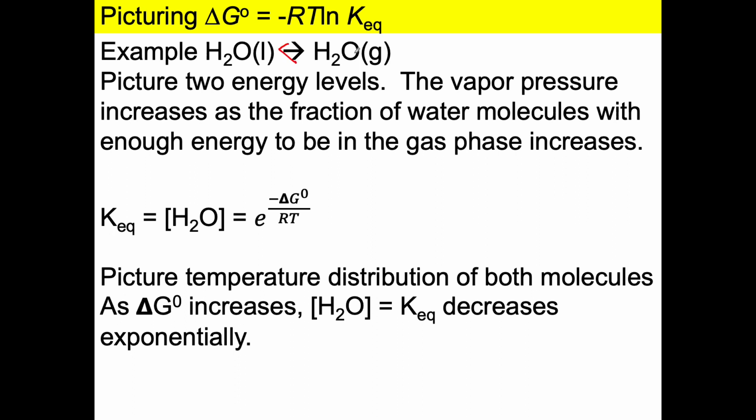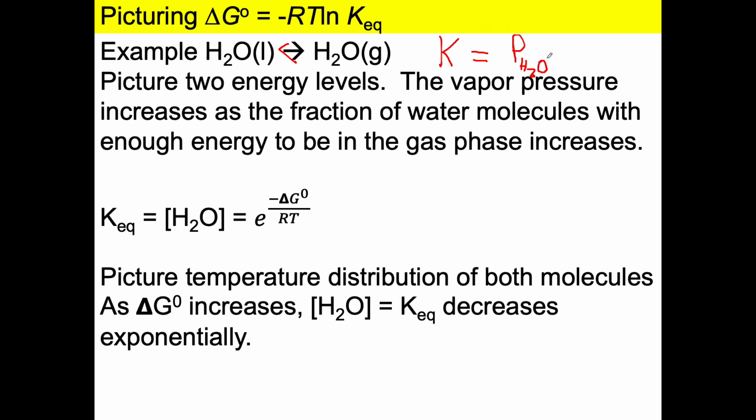The equilibrium constant, the mass action equation for this, is that K is equal just to the pressure of the water vapor. The liquid doesn't enter into the equilibrium expression, because it's a liquid. So the equilibrium pressure is just the vapor pressure.